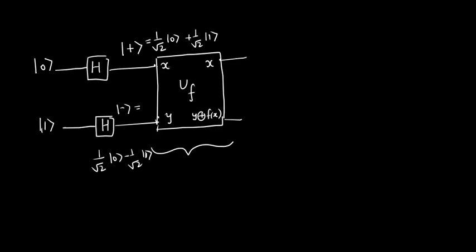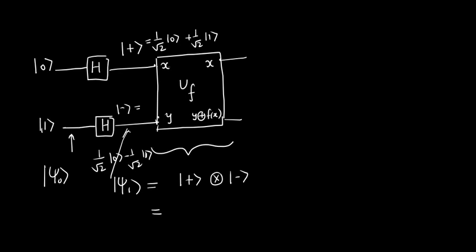So if this is your phi 0, what is the composite state phi 1? It is a tensor product of this, right? If this is the composite state of this two qubit system, you can write the composite state as the tensor product of the first qubit and the second qubit.